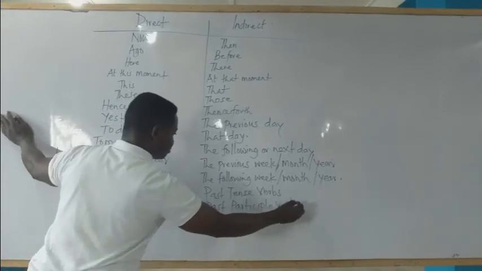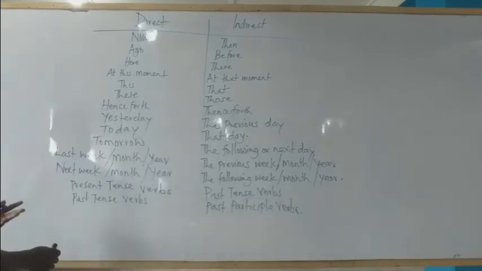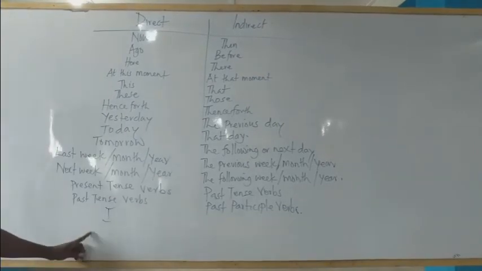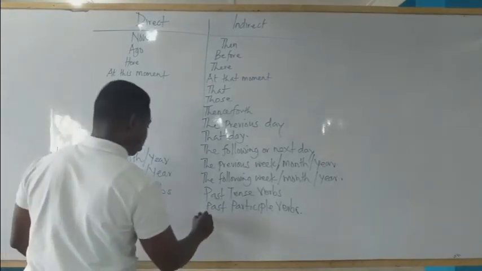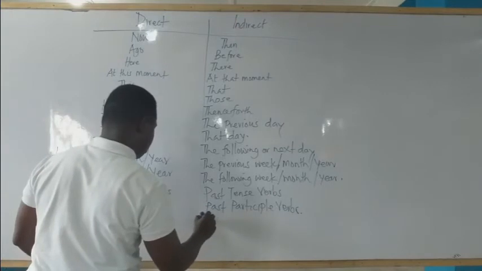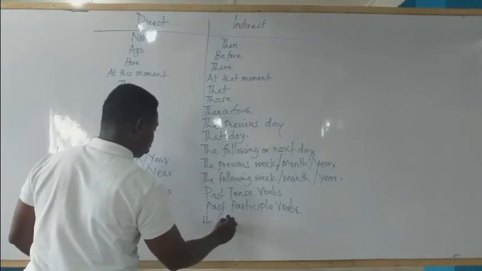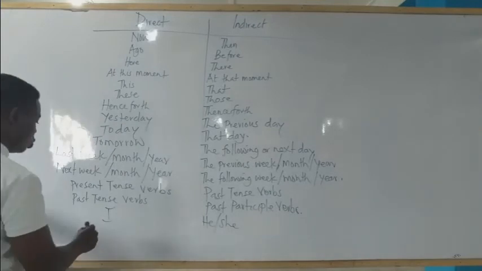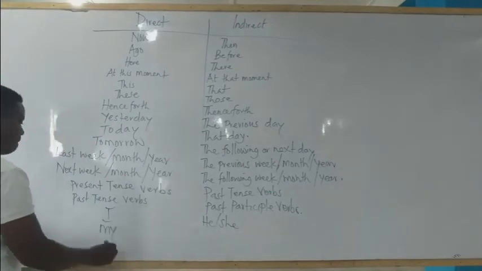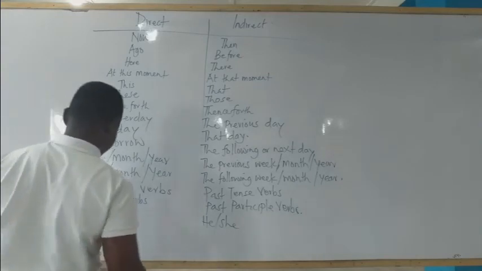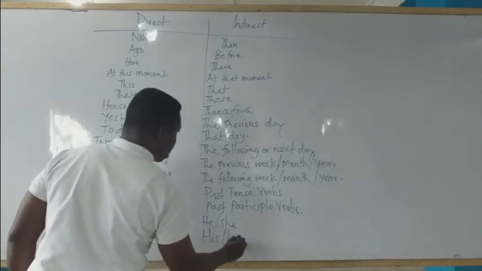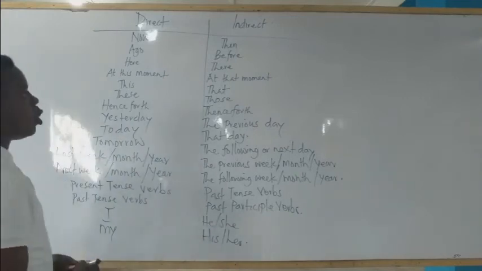Take note. Then let's add pronouns. When you have "I" in direct, I will change the word to he or she. When you have "mine," it becomes what? His or her.